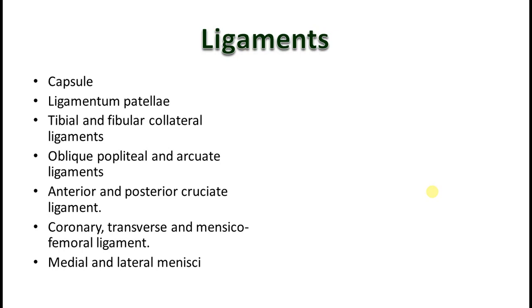So these three are very important: the cruciate ligaments, menisci and oblique popliteal ligament. You should concentrate much on these three. I am not telling you not to read the other ligaments, but these three you should know thoroughly, and for the other ligaments you should have a general idea of how they are disposed and what support they give to the knee joint.